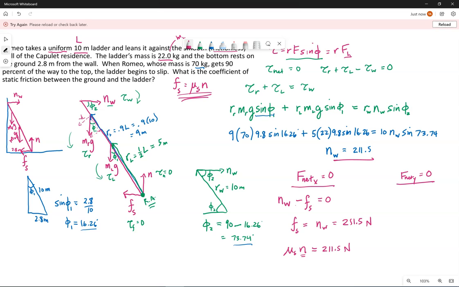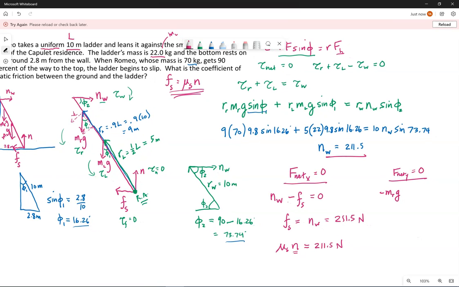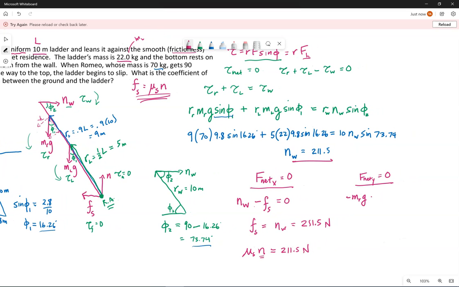So coming back to our free body diagram, we have the mass of Romeo times g. So the weight of Romeo downwards. We have the weight of the ladder itself downwards. And then we have the normal force equal to 0. You may have very quickly just jumped to the normal force has to equal the weight of Romeo and the weight of the ladder combined.